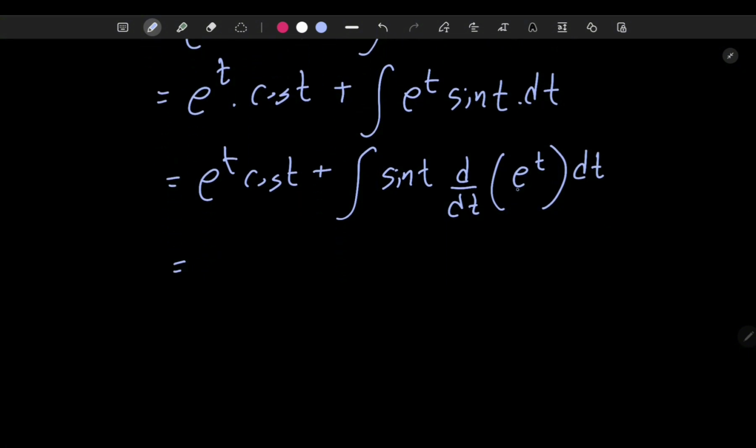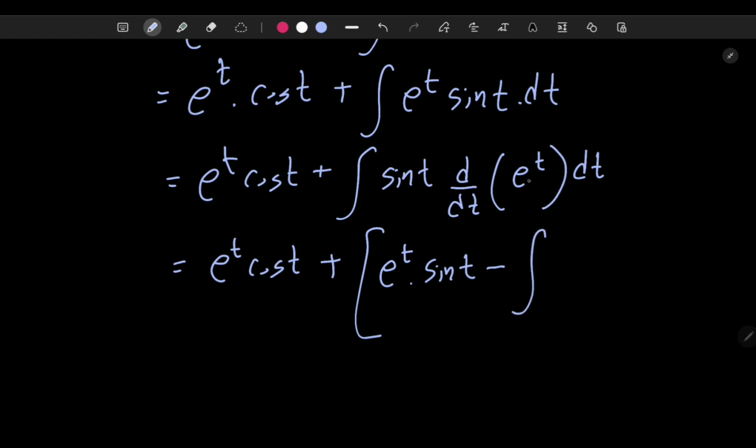Now I'm going to apply integral by parts again. e to the t cos t plus the multiplication of these two, e to the t times sin t, minus the integration of e to the t times the differentiation of sin t. We know the differentiation of sine is cos.